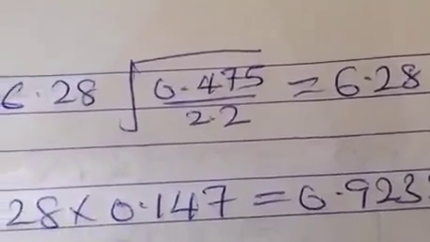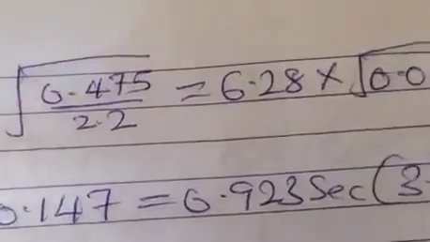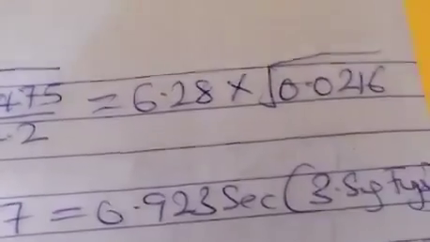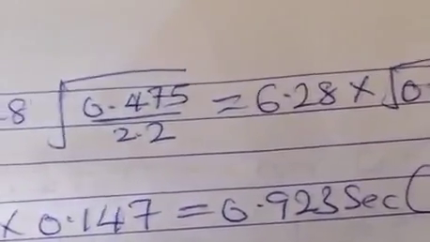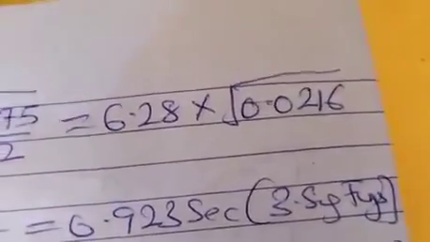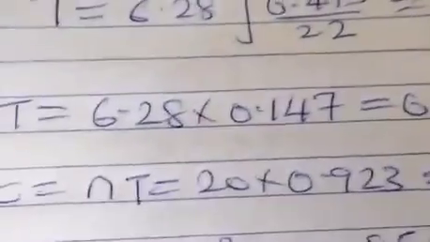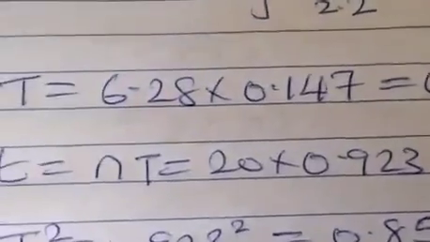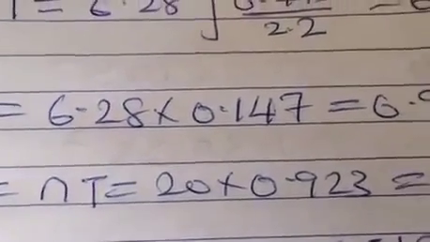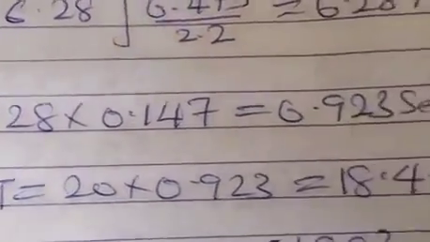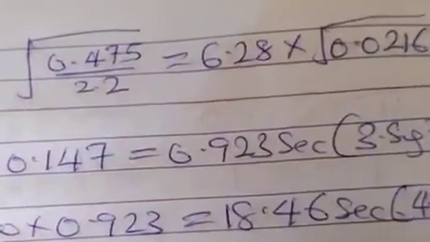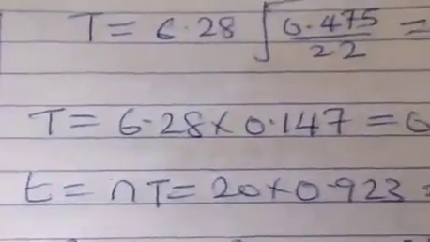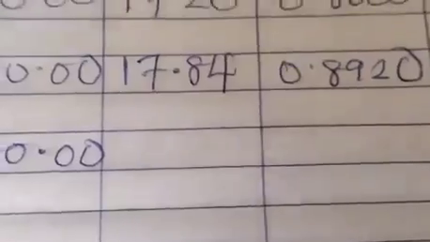We now have period equal to 6.28. Solving the numerator, we have 0.475. The denominator will have 2.2. So we now have 6.28 multiplied by the square root of 0.475 divided by 2.2, which gives 0.0216. The square root of 0.0216 is 0.147, multiplied by 6.28.